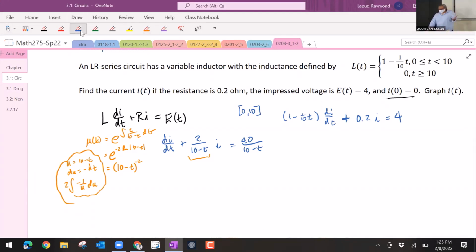Okay, so now that's our integrating factor. When I say that, I mean this is our integrating factor. And so skipping over some steps, we know that the left-hand side would be a perfect product rule, and the product will be this term times I, and this is equal to this thing times this, so 40 times 10 minus t times 10 minus t to the negative 2 power.